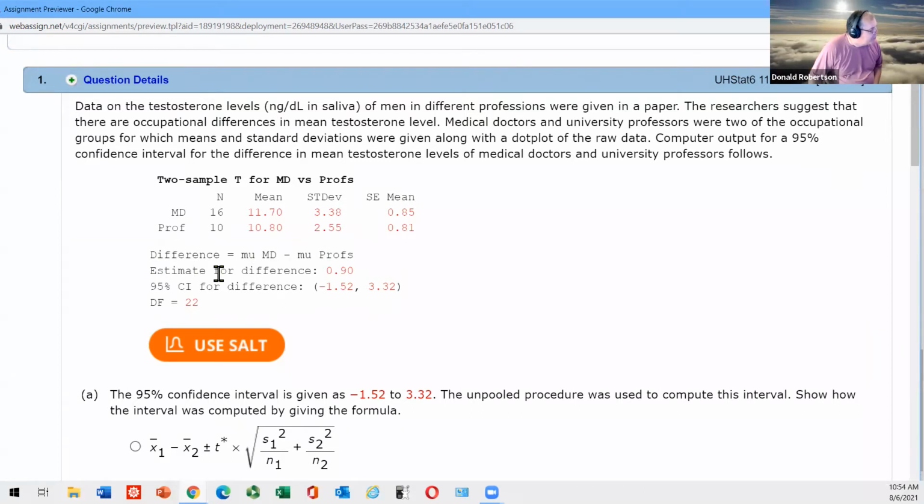The difference between the two is 0.9. Well, that would be easy. Couldn't you just take this number and subtract that number and figure that out yourself? There is the 95% confidence interval, and a little item down here called degrees of freedom, 22. So everything you need to know is in this list.